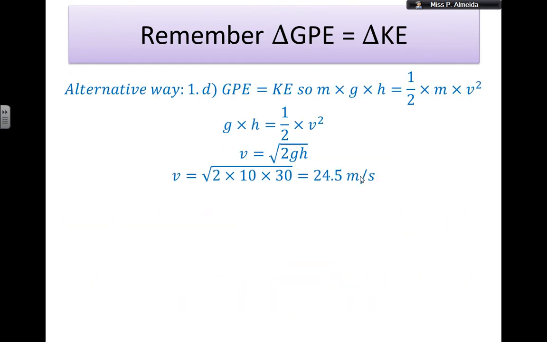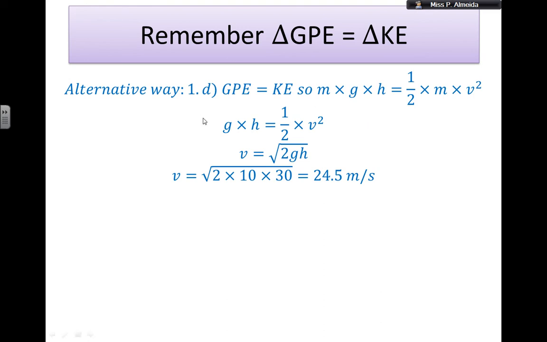There is an alternative way to do that. I can simply just say GP equals kinetic energy, so mass times gravity times height equals 1/2 times the mass times velocity squared. Masses, they can cancel each other out, meaning I don't even need to give you the mass of the box for you to calculate what is the velocity after it falls a certain height.